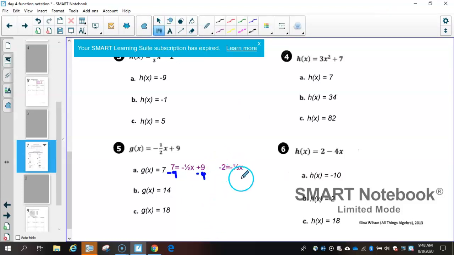And to get rid of -1/2 in front of the x, you can either multiply both sides and then divide, or you can do it all at the same time by multiplying both sides by the reciprocal, or taking this fraction and flipping it, so multiplying it by -2.